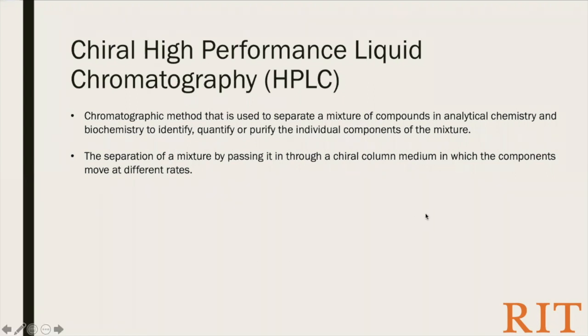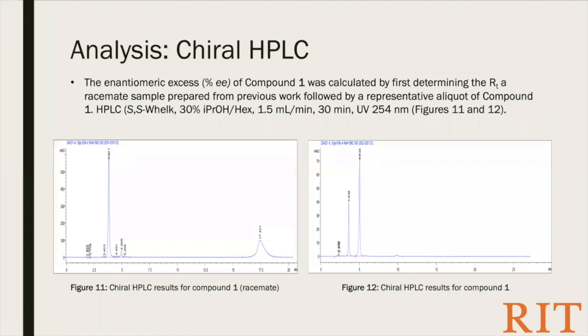After learning all of this and setting everything up, we ran our chiral HPLC with our purified product, and we got these results. Now, the figure on the left shows the results for the racemic compound that we started with, which contains both hands of our goal substance.